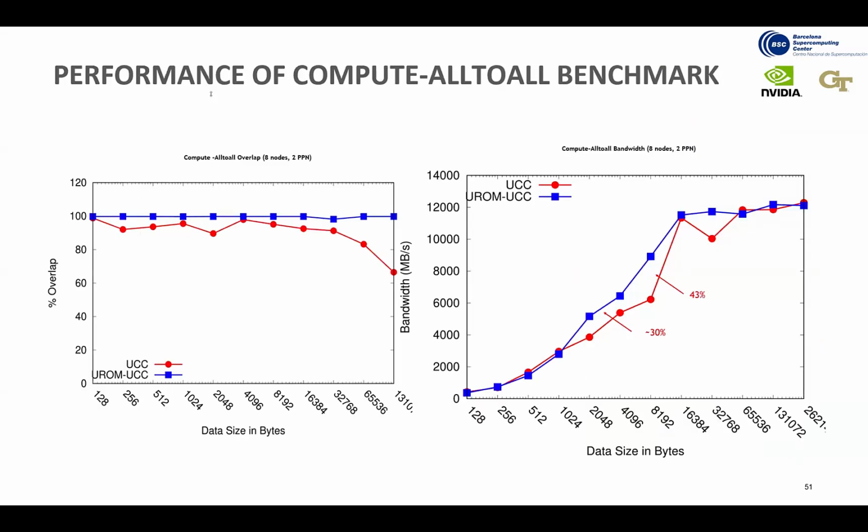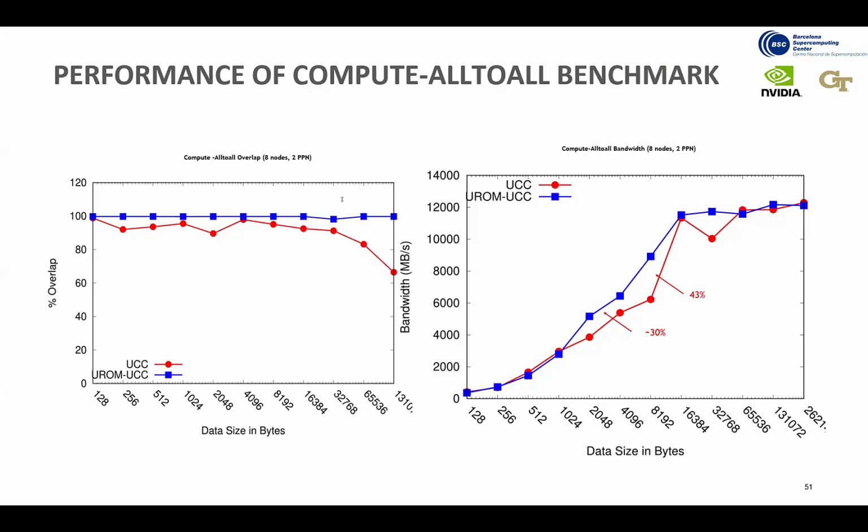Those are a few more details about what I just described. As you can see with UROM UCC, offloading the collective, or the one-sided operation, sorry, to the DPU, you can have perfect overlap, 100%.